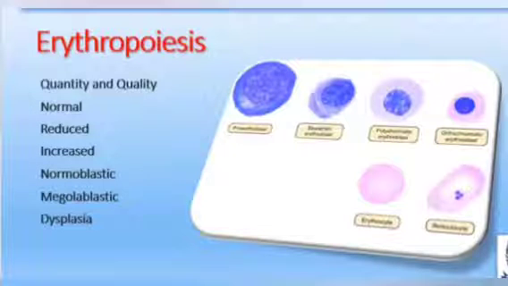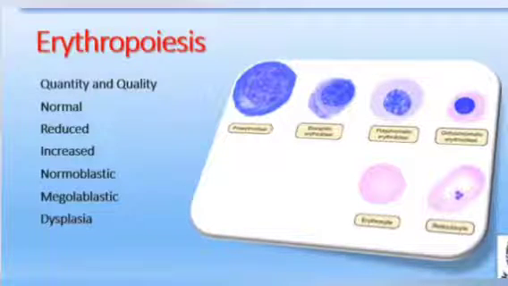You are looking for the erythropoiesis. Note the quantity and quality of erythropoiesis, whether it is normal, reduced, or increased, and whether it is normoblastic or megaloblastic.